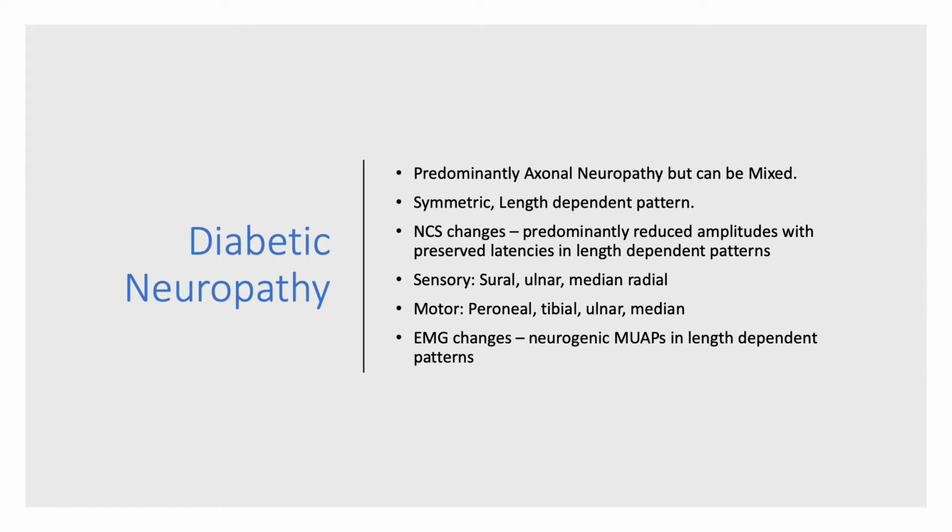Diabetic neuropathy does affect long nerves first, so it presents as a length-dependent symmetric neuropathy. It can have various different forms, but this is the most common form of diabetic neuropathy.